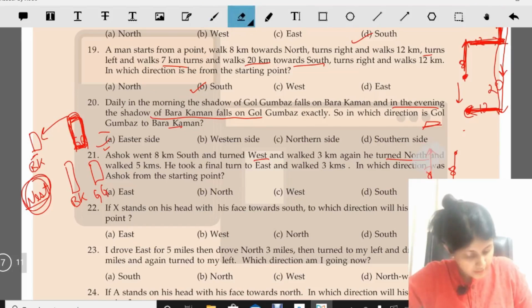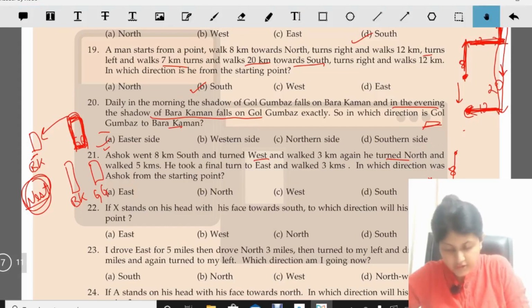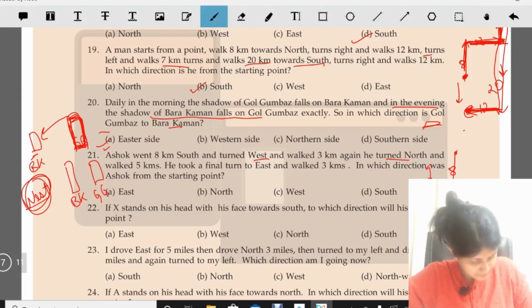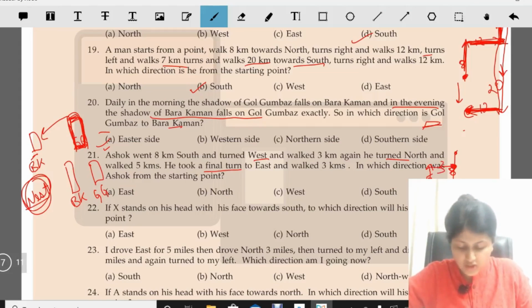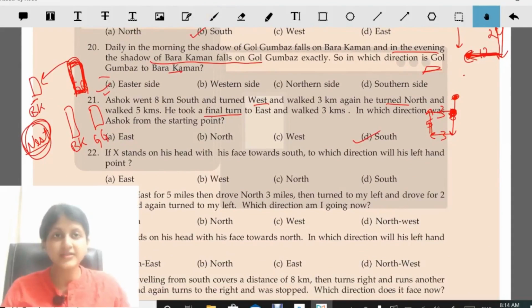Turned north and walked 5 kilometers. He took a final turn to the east and walked 3 kilometers. He's here now. In which direction was Ashok from the starting point? Starting point is here. Ashok is here. So which direction is this? South. Okay.